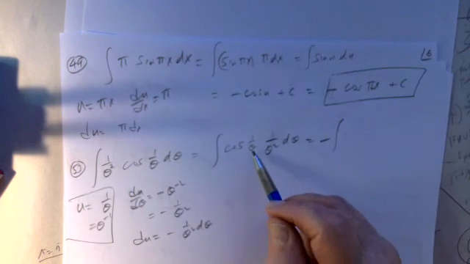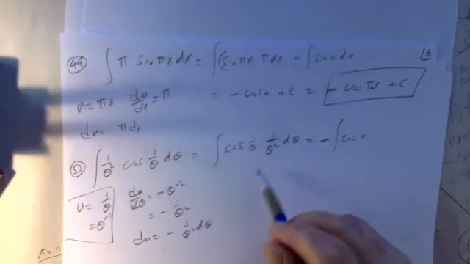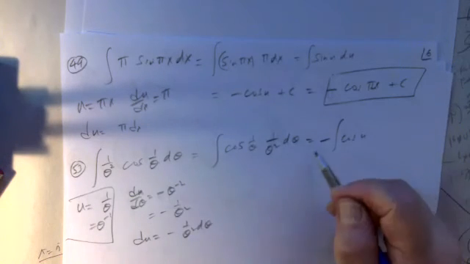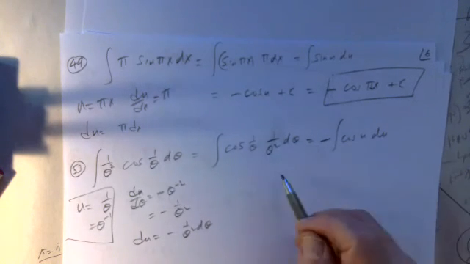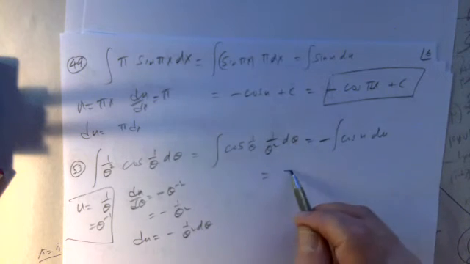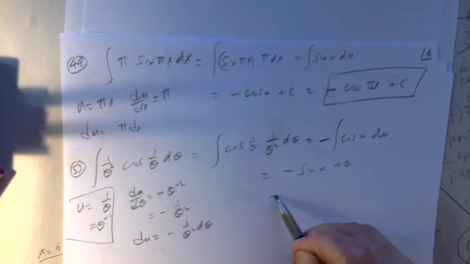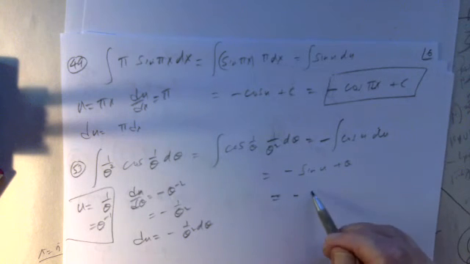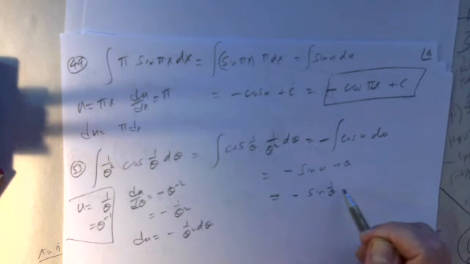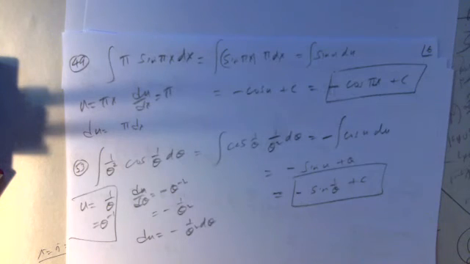This is cosine of u, because u is 1 over theta. The integral of the cosine is the sine, so minus sine u plus c. So this is minus the sine of 1 over theta plus c.